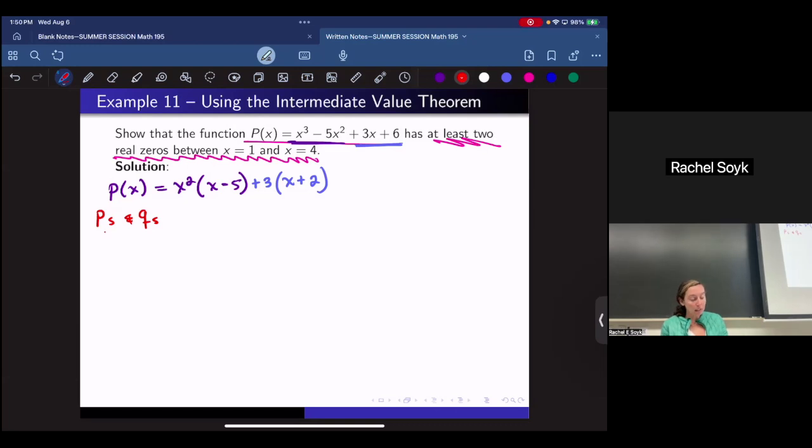But these letters stand for our factors of our constant, which is your P's, and our leading coefficient, which is our Q.